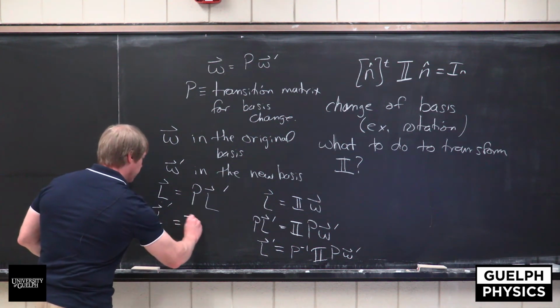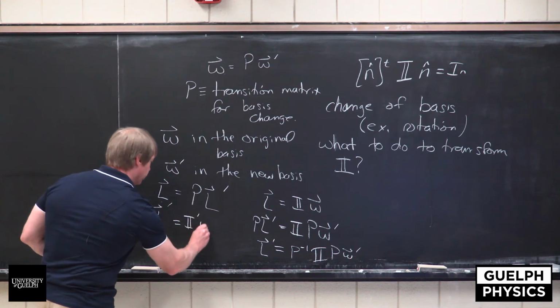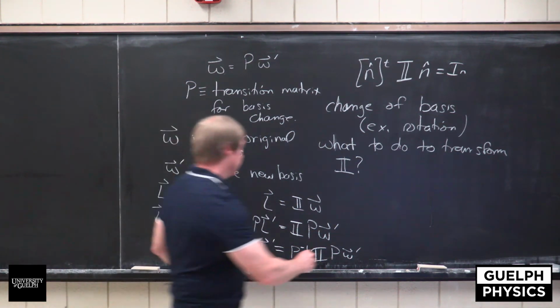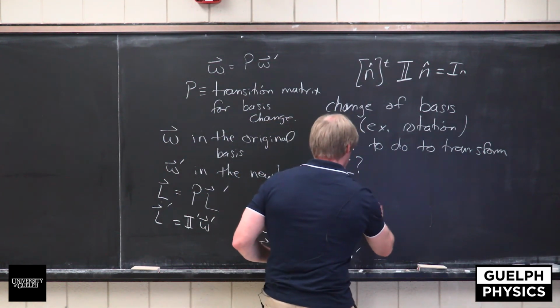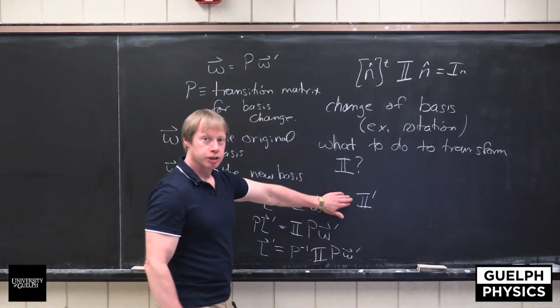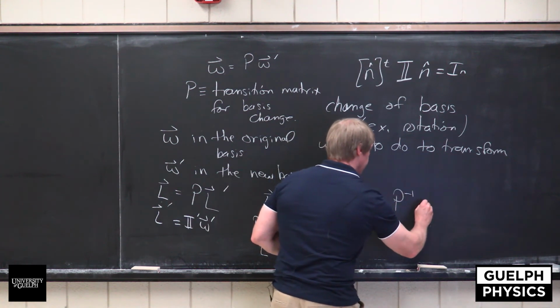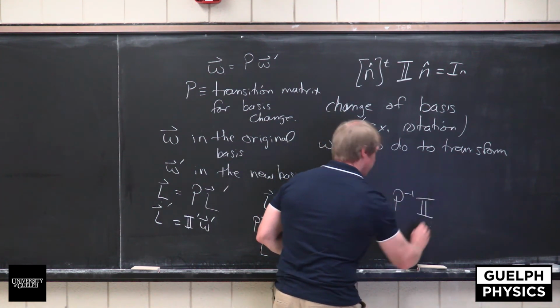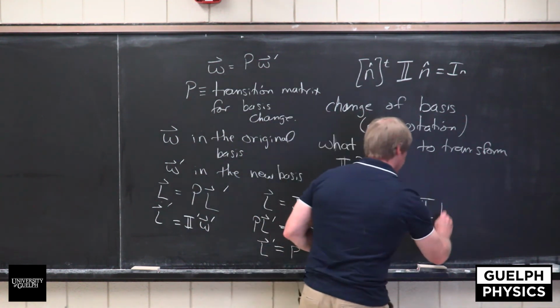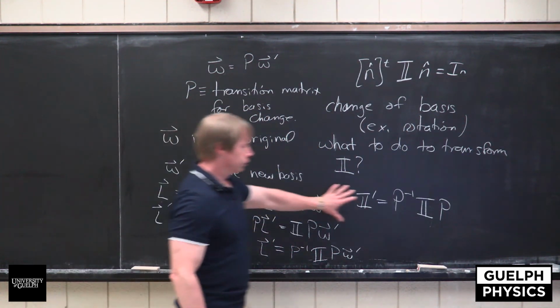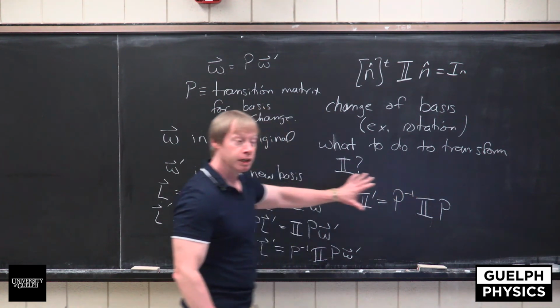So L prime has to be I prime omega prime, and then we can instantly write down that the new inertia tensor has to be P inverse, our original inertia tensor, times P. So this is just basic linear algebra.